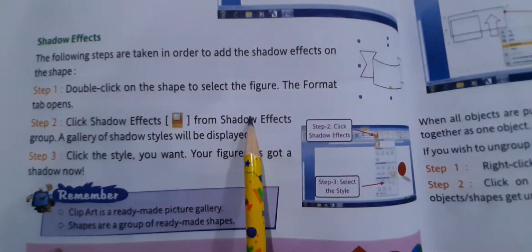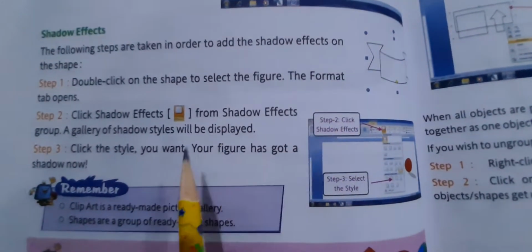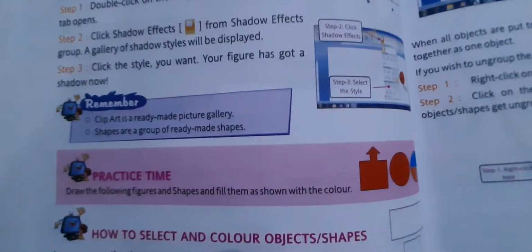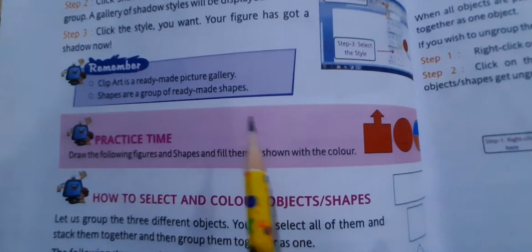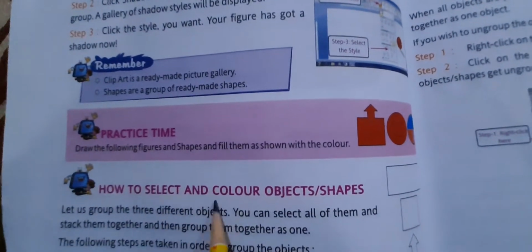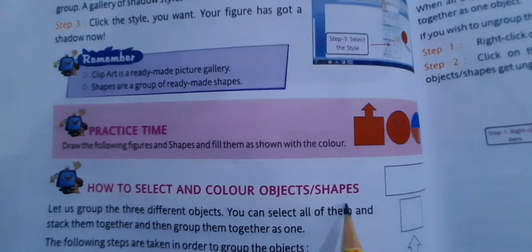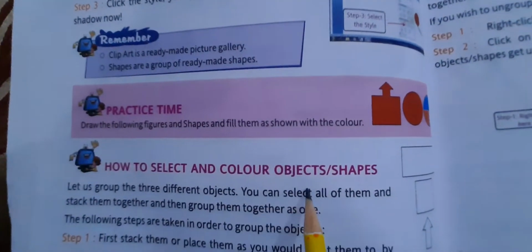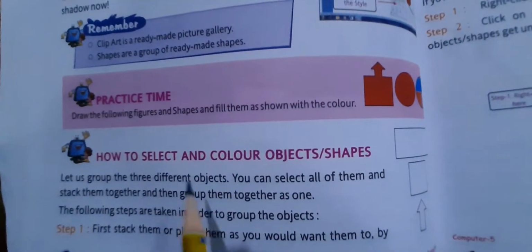We had discussed the shadow effects in the shapes section, and till here we had done, and now we are on page number 50, and we will be discussing how to select and color objects and shapes. Means how can we select and color the various objects and shapes. So without further delay, let us start.